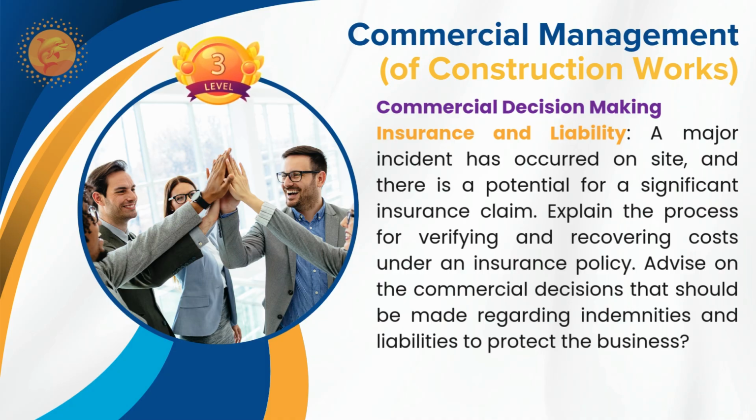Other than that, you have something like a contractor's all risk policy that covers the works, and you have third party liability if some damage happens to the neighborhood or someone visiting the site. And you have workmen's compensation if something happens related to safety issues with the workers or the people working at site.